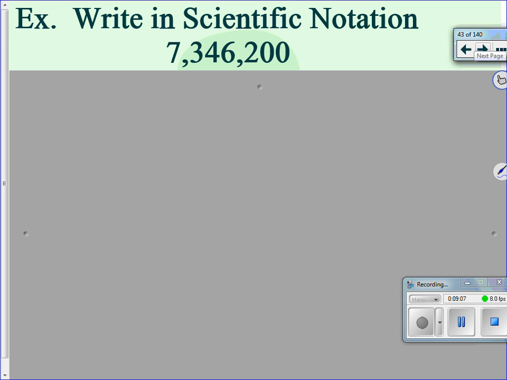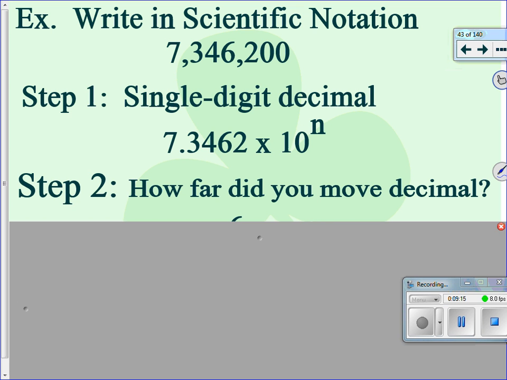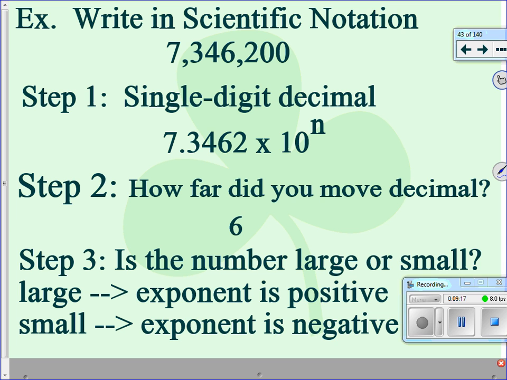If we were wanting to write a large number in scientific notation, like 7,346,200, this is the step-by-step process. First, we write it as a single-digit decimal. So you're going to throw the decimal right after the first digit. Our first digit is 7.